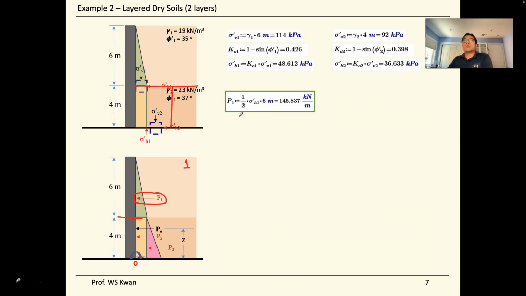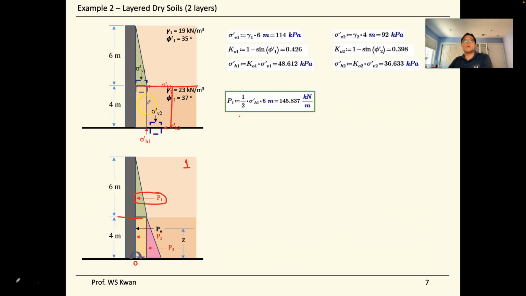And next, we do the second component here, which is the yellow rectangle we see there. It is the stress coming from the top layer loading onto the lower portion of our retaining wall. So P2 will be this rectangle here, and the horizontal stress wouldn't change because we're talking about the effect from the top to the bottom, so it still maintains the same horizontal stress.